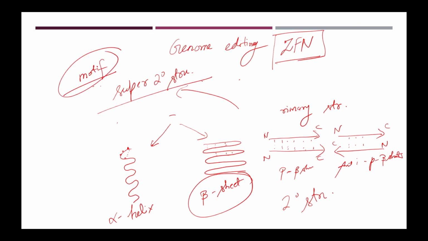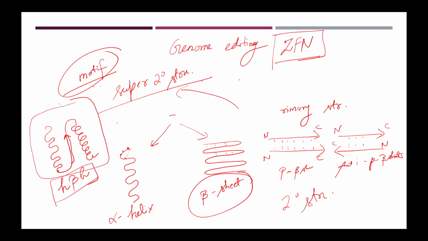It could be a helix, then a beta sheet, then again a helix. So it is helix, beta sheet, and helix. This is a fixed kind of super secondary structure which has some kind of role in the protein's entire structure.